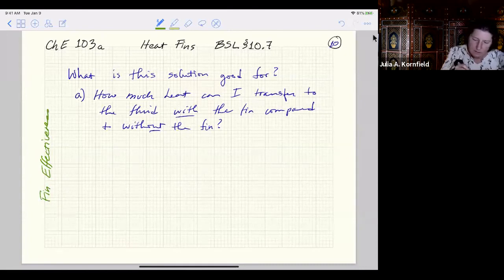And so we have a ratio, epsilon F for the effectiveness of the fin. The numerator is how much energy we're actually moving out through the fin. There are two ways to calculate it, and they both give the same answer. One is the flux through the base of the fin multiplied by the area of the base of the fin.